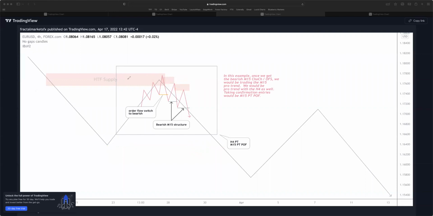Look at market structure. And the market structure that we really like to capitalize on is typically H4 and M15 as session traders. But once we break a daily low, okay, let's say this is a daily low, we break this, well, we can now trade this into the daily premium, right? Because if you break daily structure, we're going to respect daily structure.